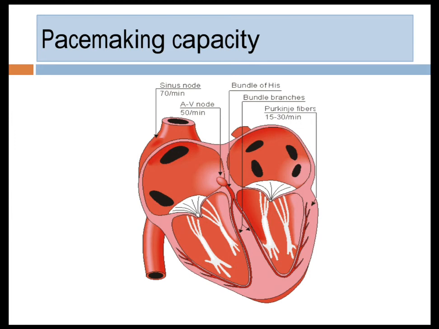So if I take the SA node out, will the heart contract? Many of the students are thinking, no, the heart cannot contract. But students, the heart has made a provision like this, that if the sinus node is not working, suppose you have some problem in the SA node, and many of the patients undergo operation for this particular thing.